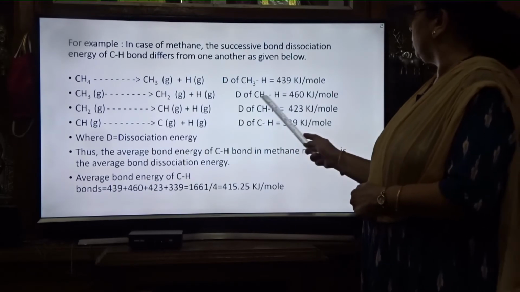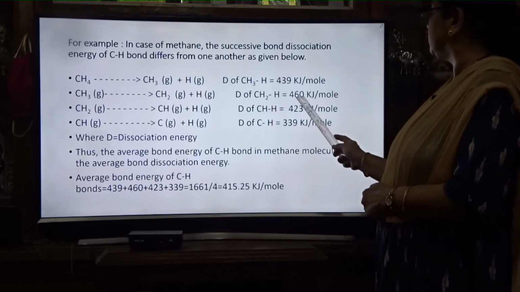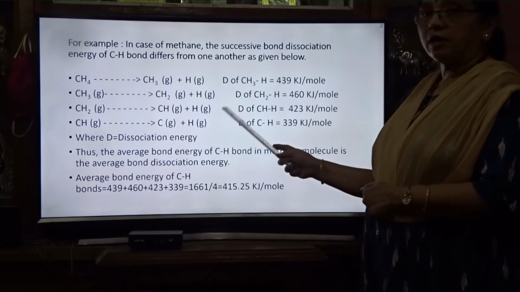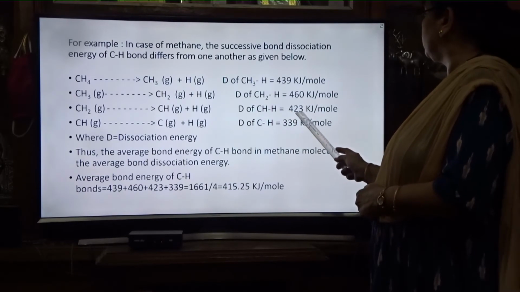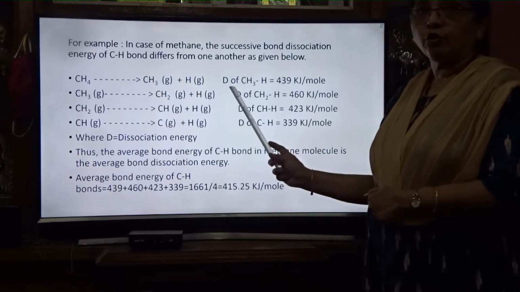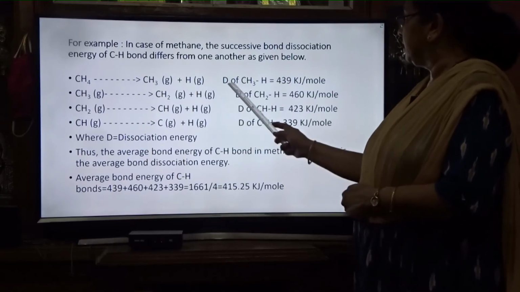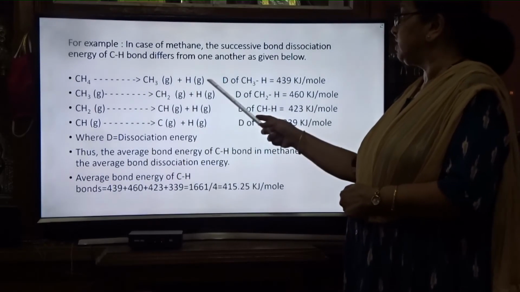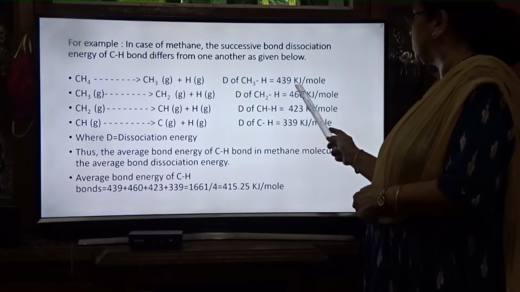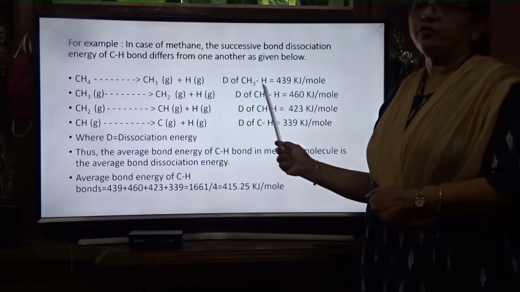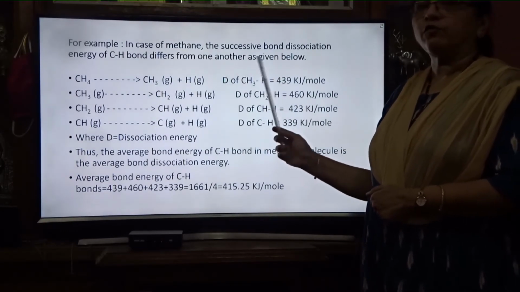When the second bond breaks, it is 460 kilojoule per mole. When the third bond breaks, it is 423 kJ per mole, and when the fourth bond breaks, it is 339 kilojoule per mole. Here D means dissociation energy. In each case the dissociation energies are different, so we have to take the average of the 4 bonds.